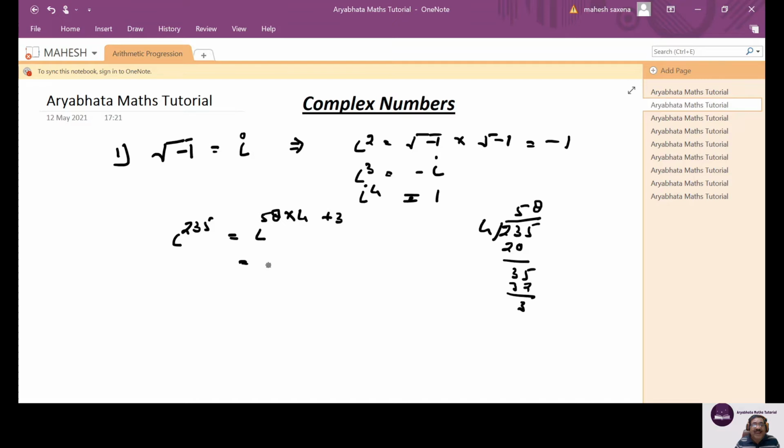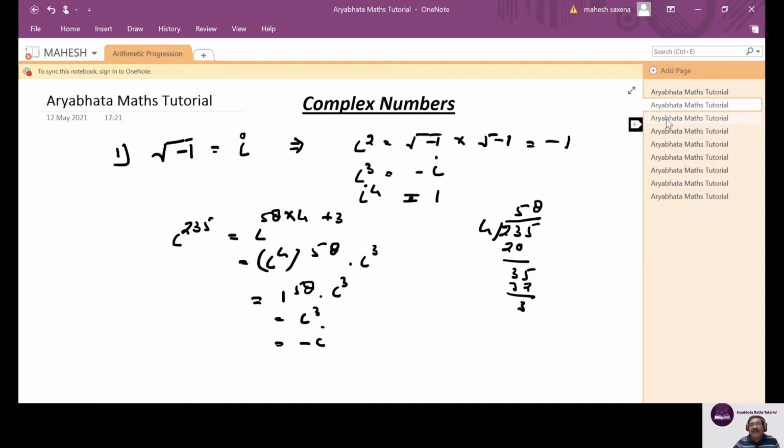Therefore, it is i to the power 4 to the power 58 into i cubed. Therefore, it is 1 to the power 58 into i cubed. Therefore, i cubed is equal to minus i.